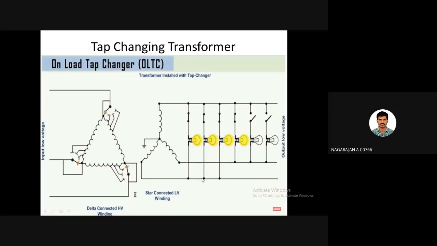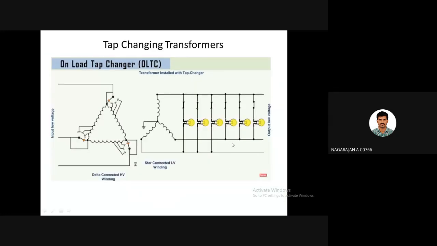Since these first 3 bulbs are connected in the same line, let us give names for this so that you can understand better. This is R phase, Y phase, and B phase. Between R and B, we have connected 3 loads which are same as that of the previous case.